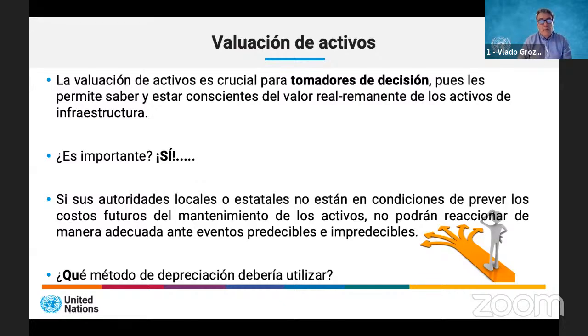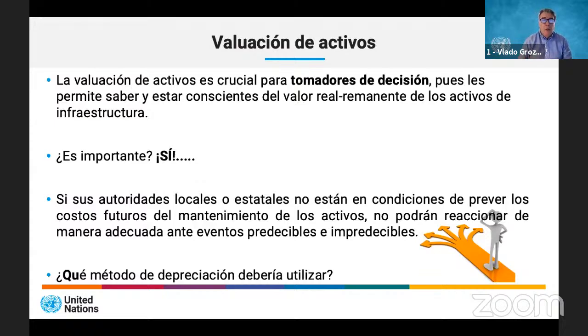If we ask ourselves, is it a true asset valuation? Do we know the real value of the assets? It's not. Net book value does not represent a real value of the asset. That's why sometimes it leads to calculation of an underestimated value of depreciation, and why asset managers should use a different method.